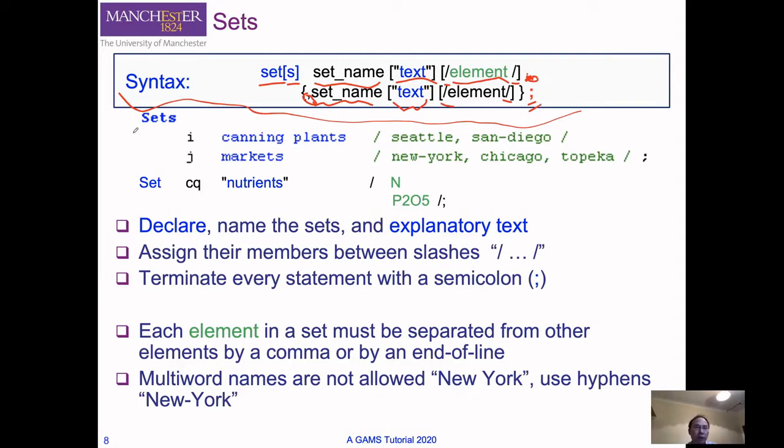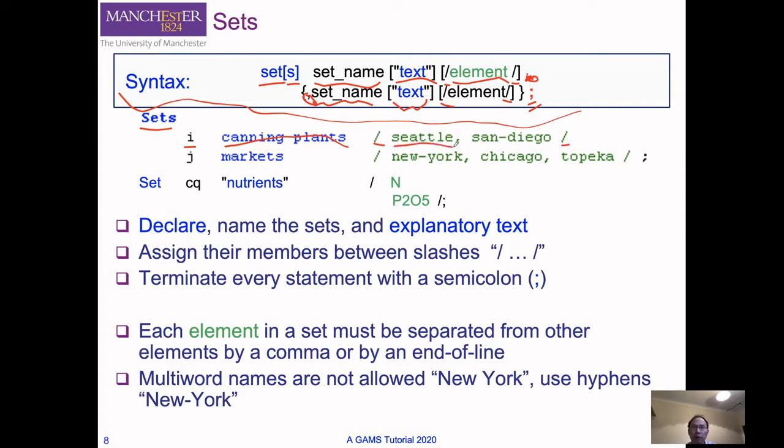Okay, let's see these two examples to show you how to define sets in GAMS. In the first example, it starts with the keyword sets and provide set name I, text to describe the meaning of this set, and two slashes. Between these two slashes, two elements are input.